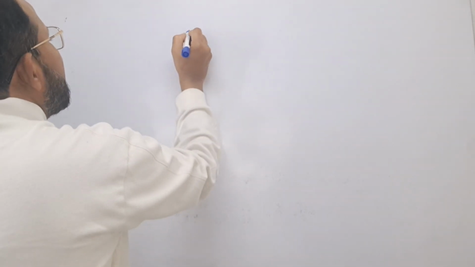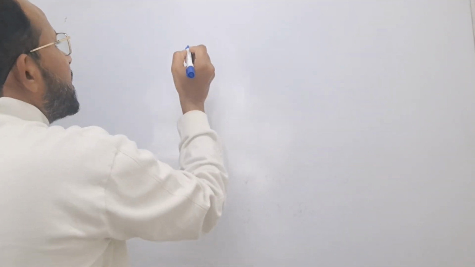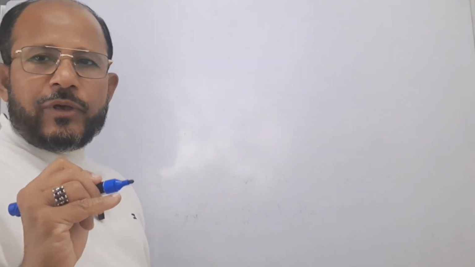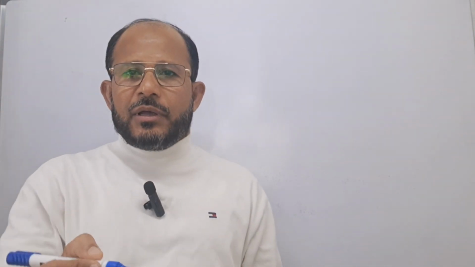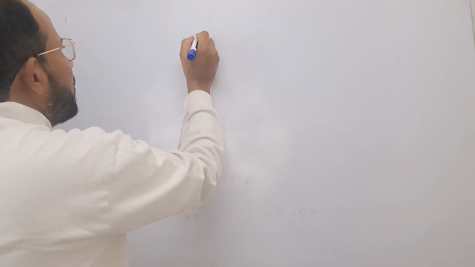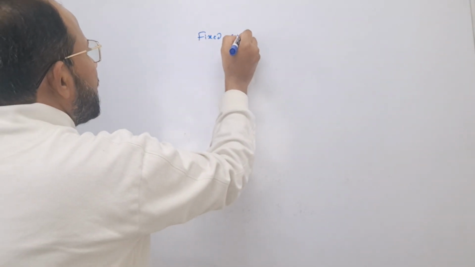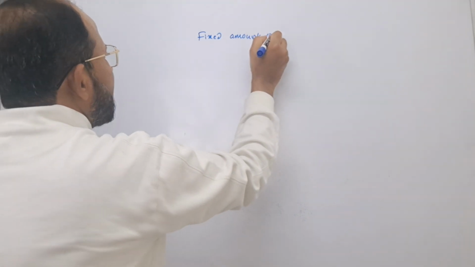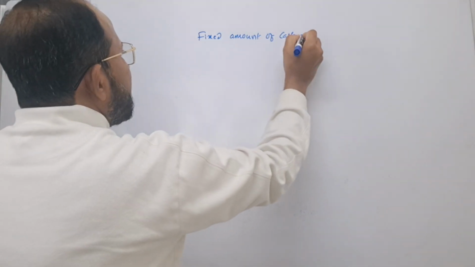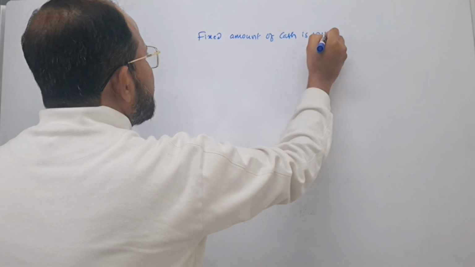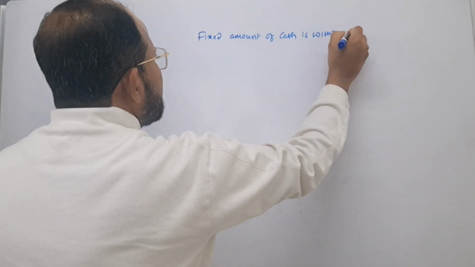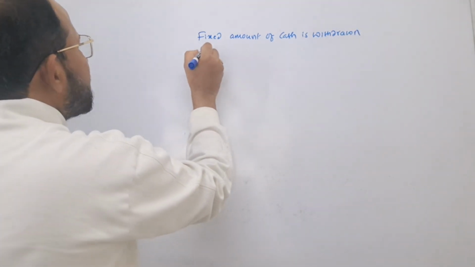Assume that here in a partnership form, partners are allowed to withdraw a fixed amount of cash every month.